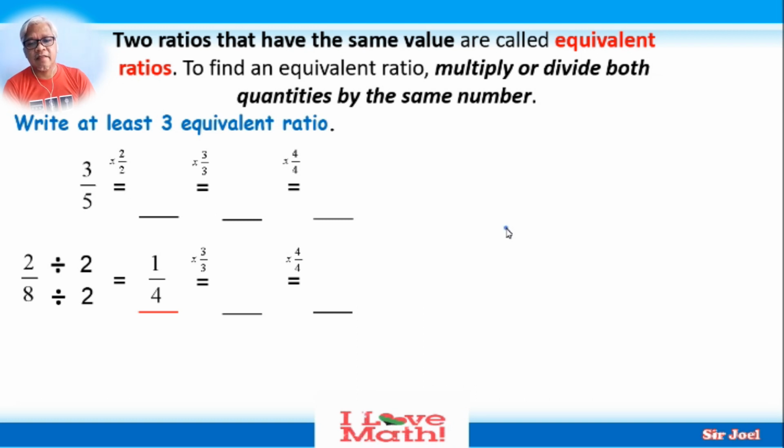Okay? And then, we have 3 over 7 or 3 is to 7. No common divisor at all. Therefore, let us multiply 3 over 7 by 2 over 2 to get its equivalent ratio. And then after this, by 3 over 3 to get another equivalent ratio.